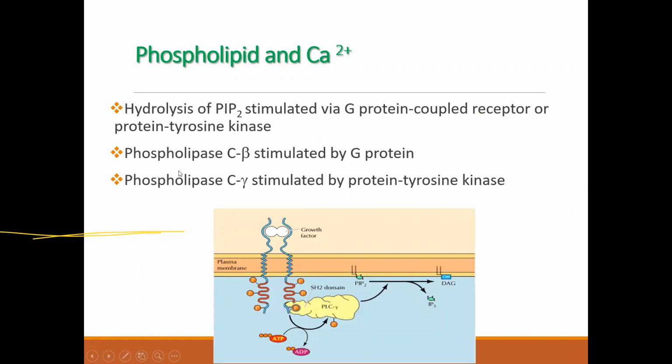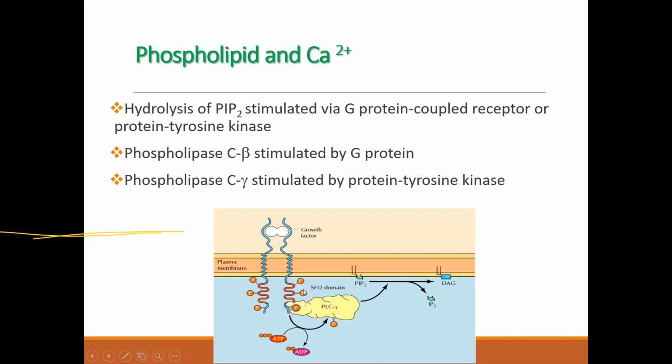This is an example of hydrolyzing the phospholipid PIP2 in order to get second messengers like IP3 and DAG. In this mechanism, the ligand is a growth factor, and the receptor is a protein tyrosine kinase, meaning that the cytosolic domain of the receptor acts as the enzyme tyrosine kinase.